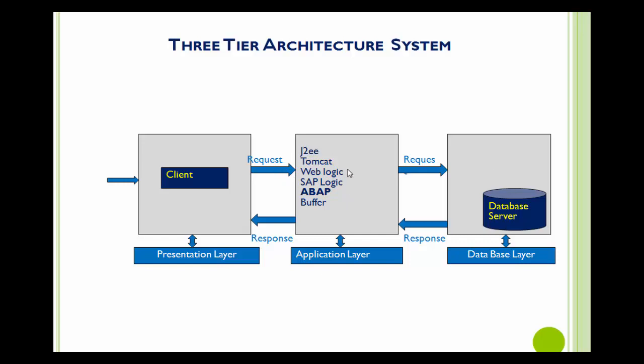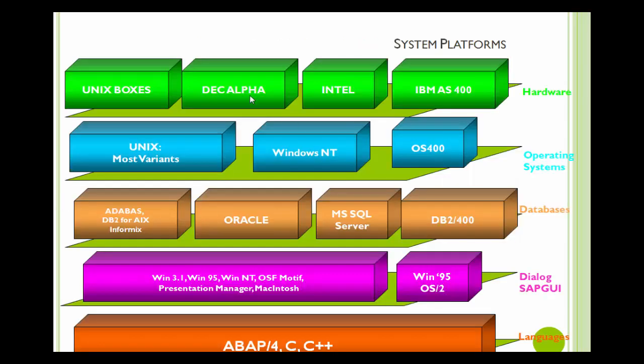For a given particular time, it will be stored. So whenever you request again, the response comes back to the client not from the database, but from your buffer, right? So the success factor of the SAP R3 product is the real-time three-tier architecture system. We'll talk about it a bit more.